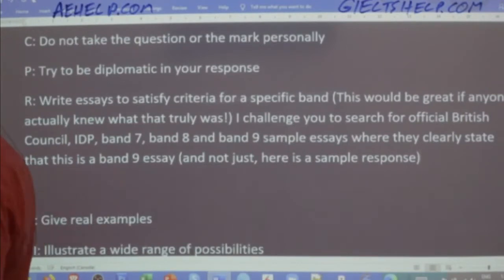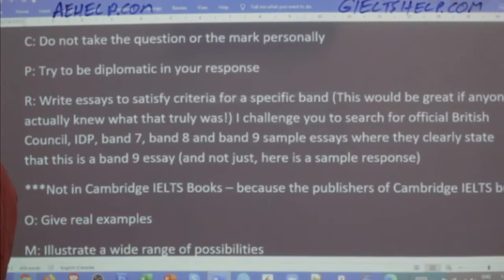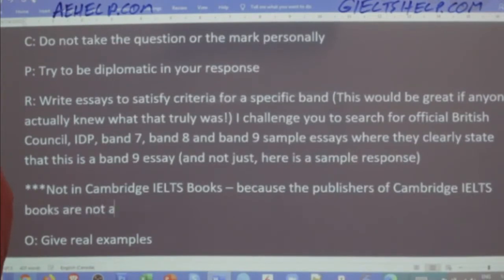So okay, not in Cambridge IELTS books, because the publishers of Cambridge books are not actually the same entity as those who grade your essays.